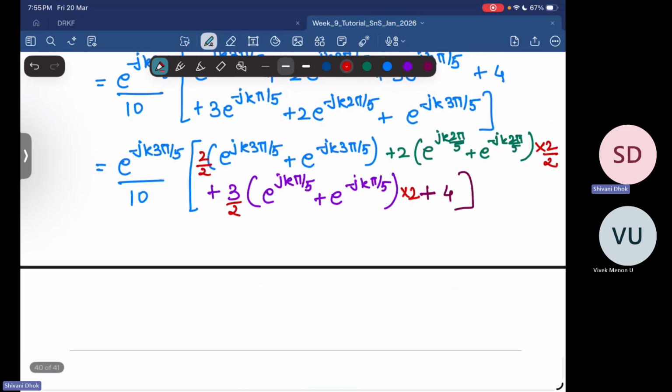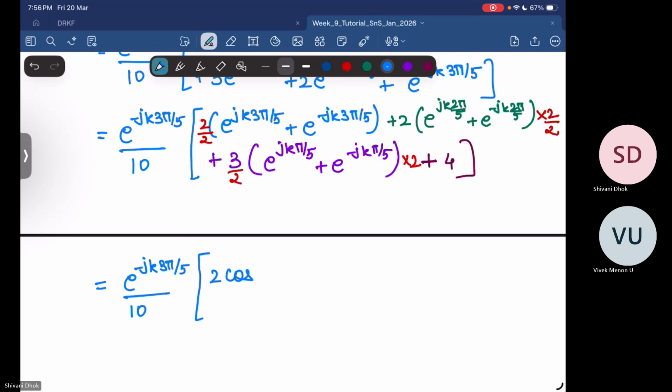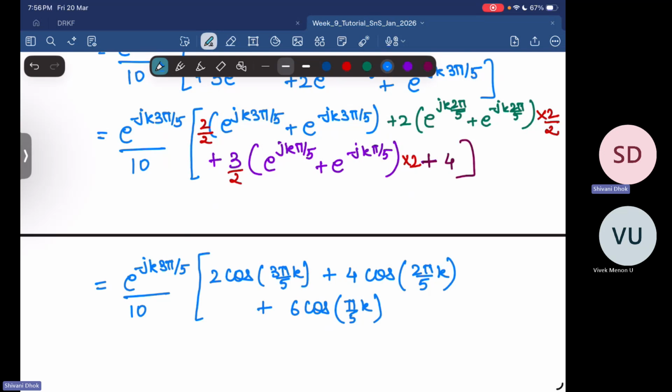So that will basically give me e power minus j k 3 pi by 5 times the bracket: 2 cos of 3 pi by 5 k plus 4 times cos of 2 pi by 5 k plus 6 times cos of pi by 5 k plus 4.